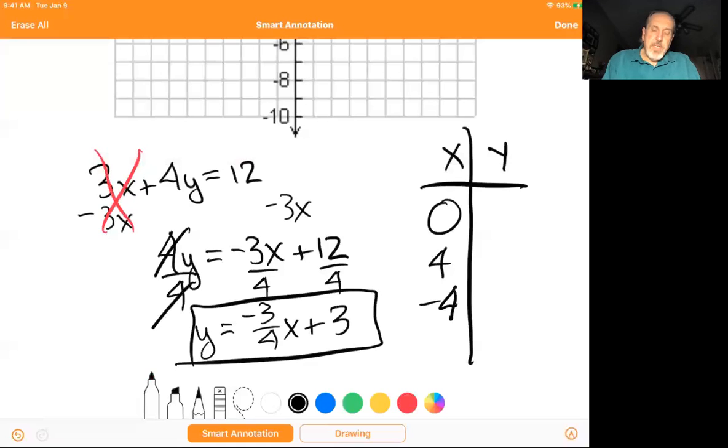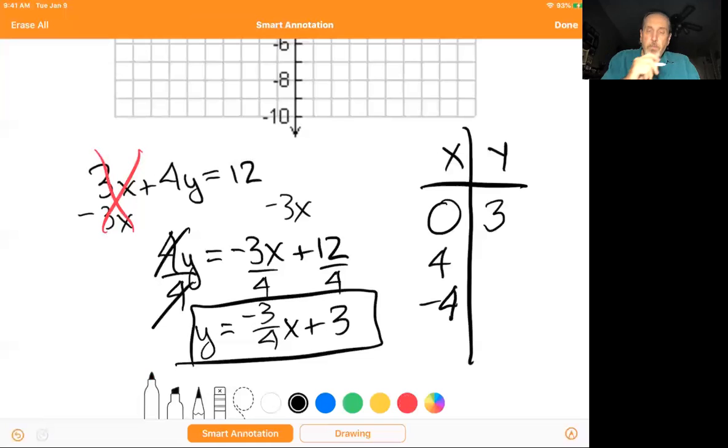Now, when I put a 0 in for x, and we should be able to do these in our heads, remember, the x value right here, we're going to put a 0 in there for x, so that's negative 3/4 times 0. And of course, anything times 0 is 0. So negative 3/4 times 0 is 0, plus 3 is 3. That's a really nice ordered pair that we're graphing.